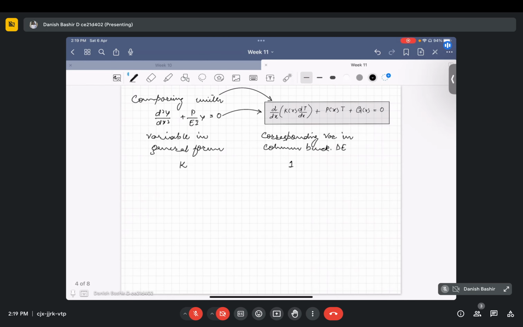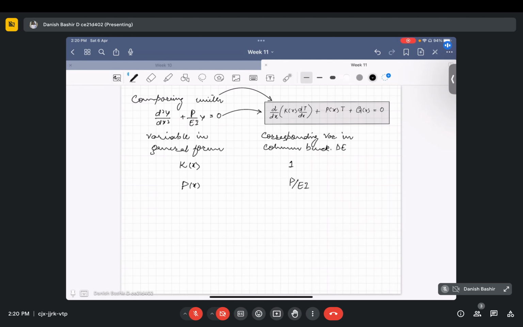Clearly looking at p, we can see that P is used in a general sense here, P of T. So T is here the field variable Y. So P by EI is actually P of X. So k of X is equal to 1, P of X is equal to P by EI.